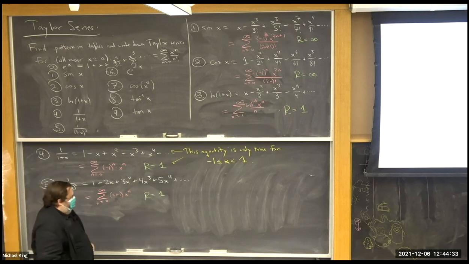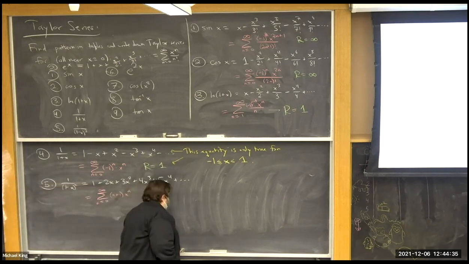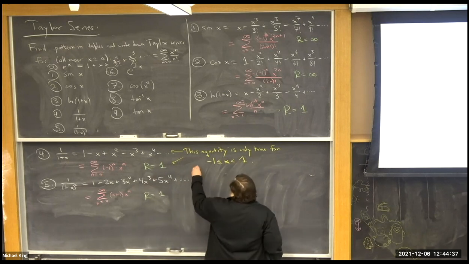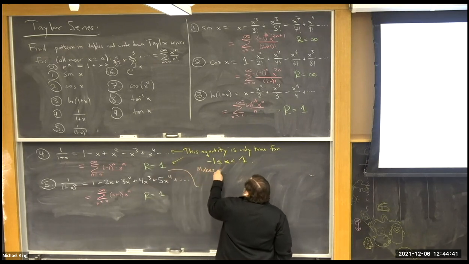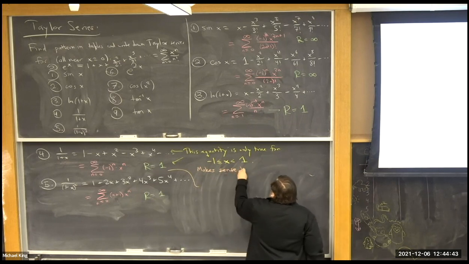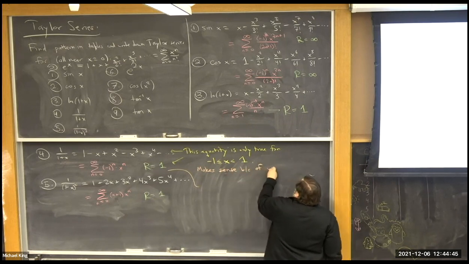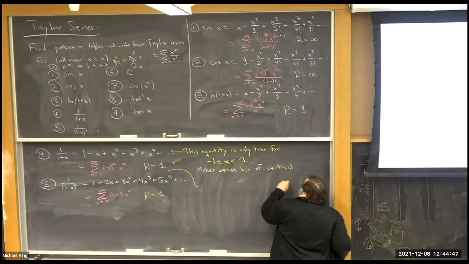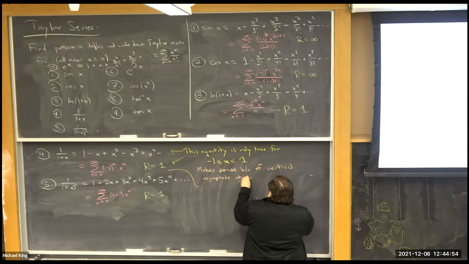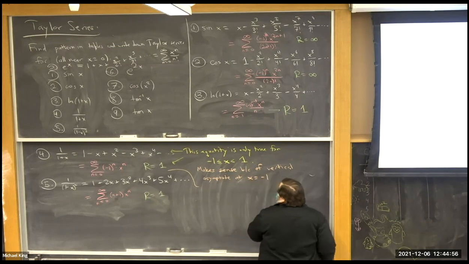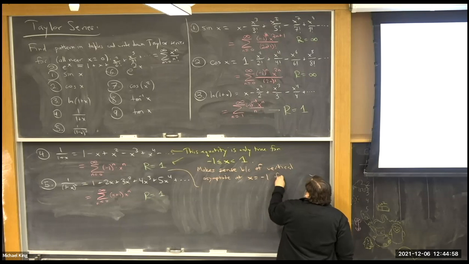So it makes sense because of the vertical asymptote at x equals -1 for 1 over 1 plus x.